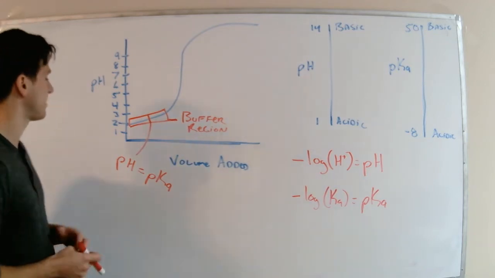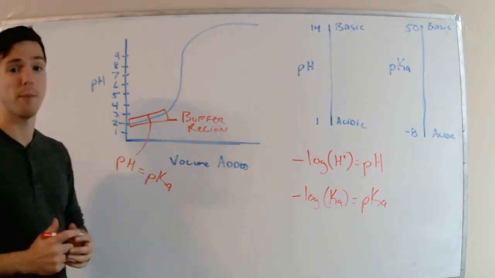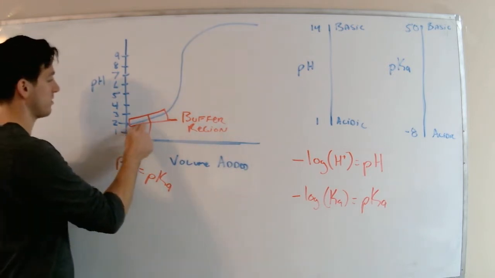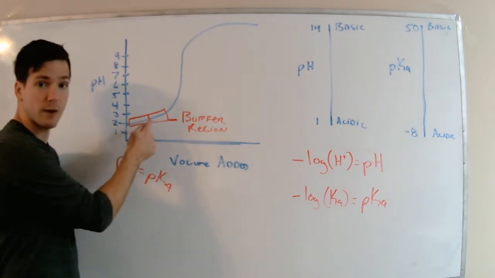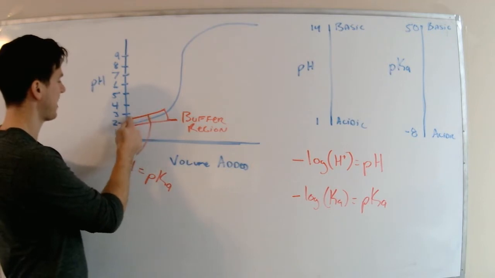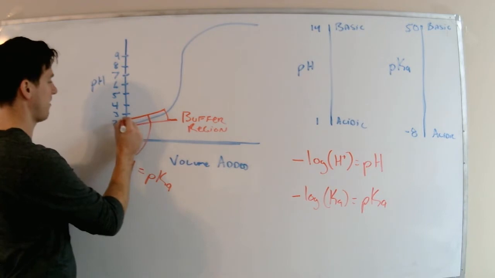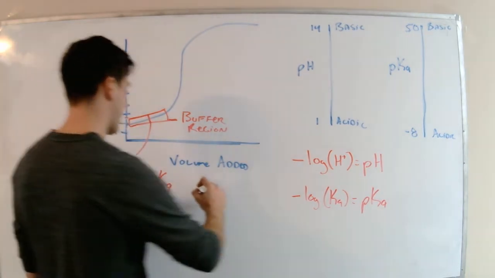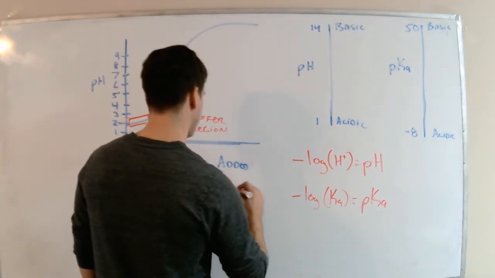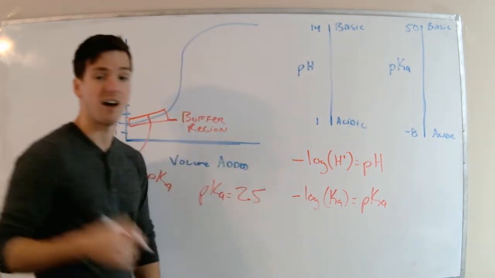And you might say, well, I don't know, but what I can do is I can look at this titration curve, I can find the halfway of the buffer region, and we could say that's somewhere around 2.5. So you could say that the pKa is equal to 2.5 of the acid.